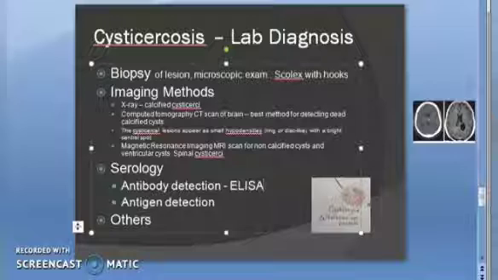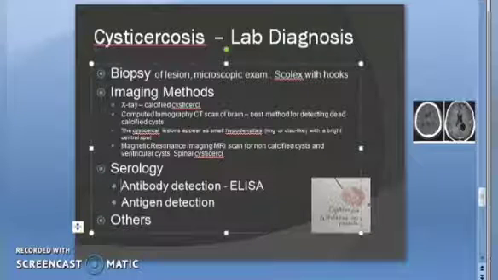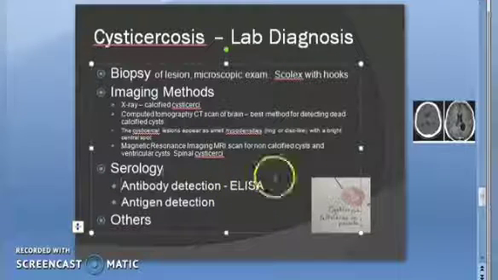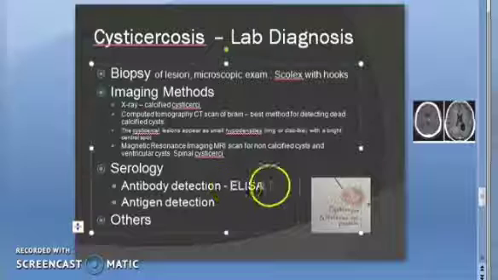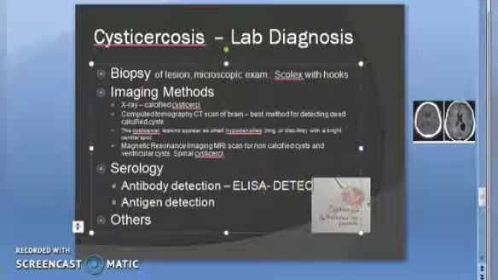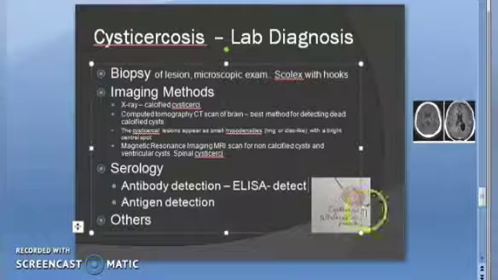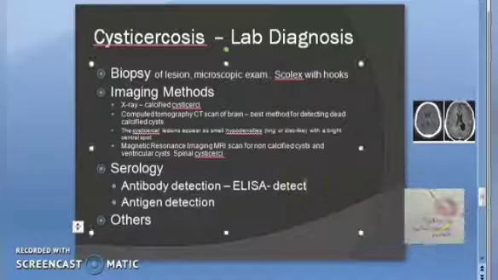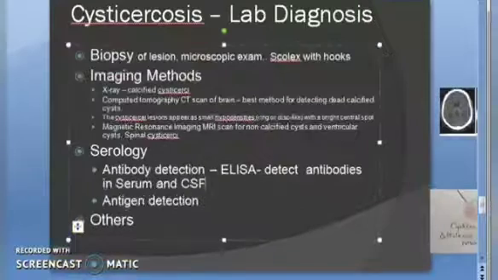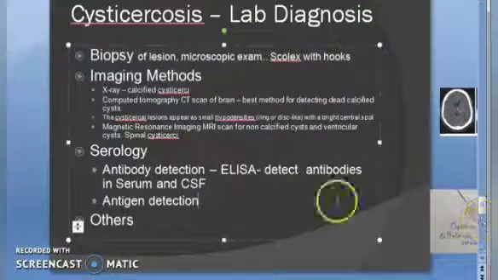Basically here you're going to detect the anti-cysticercus antibodies in serum and CSF. In the serum and in the CSF you can detect the antibodies.